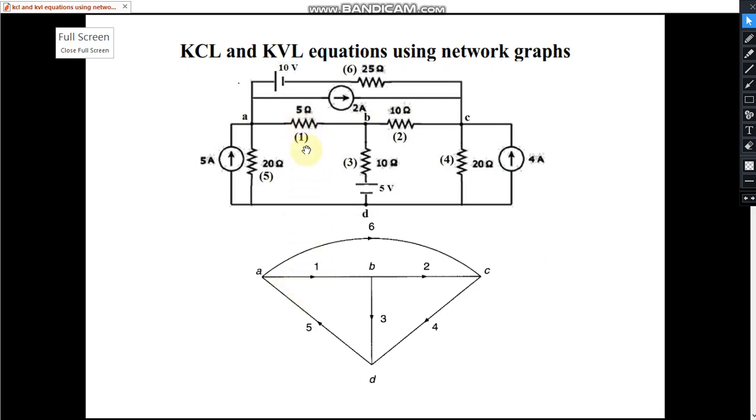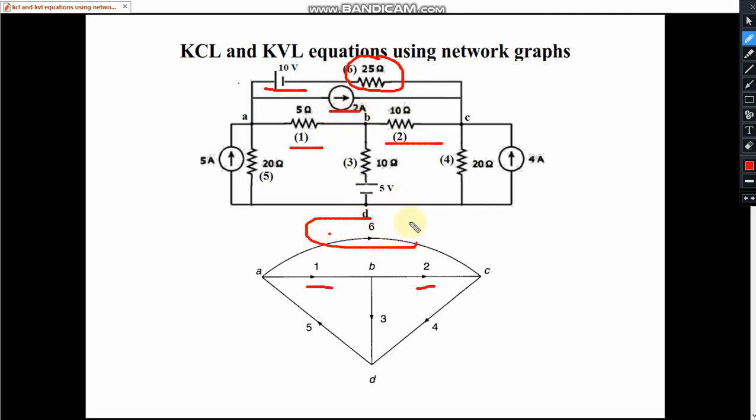Again, here also we are having only impedances, but in branch number 6 we are having both. This is impedance and we are having both voltage source and current source. Branch number 6. These orientations are arbitrary. Okay, they are arbitrary orientations, but once we fix these orientations, the remaining exercise has to be performed in accordance with these orientations.